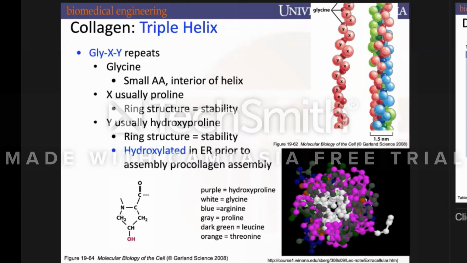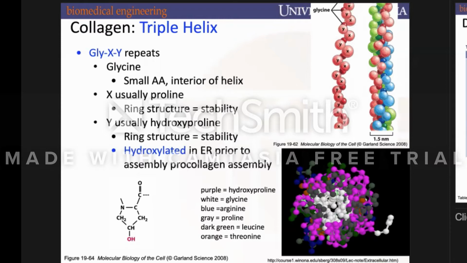And as was mentioned a moment ago, proline has a kink, and that kink provides a lot of strength and rigidity, and is also important in the helical structure because the proline side chain turns back up to the amino group, and so that is important in the alpha helical structure of collagen.